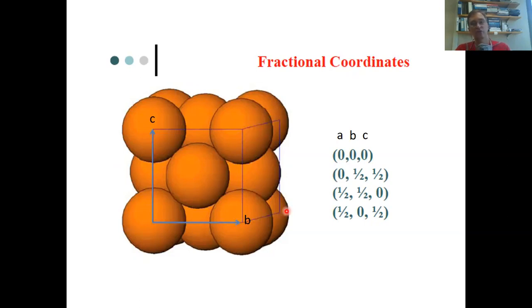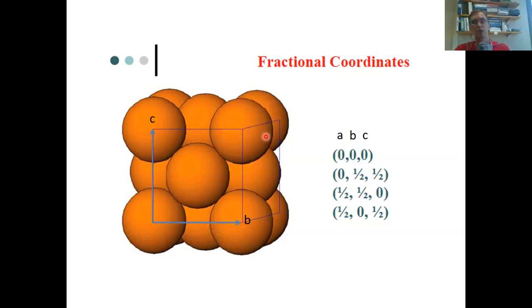So they of course all have coordinates, but we do not express these coordinates because they can be expressed by a full translation along one or more lattice parameters A, B, and C. So for instance, this atom here would sit on the coordinates 1, 1, 1. But that's a full lattice parameter A, B, and C, and therefore it's considered a duplication, and so the coordinate is not mentioned further.